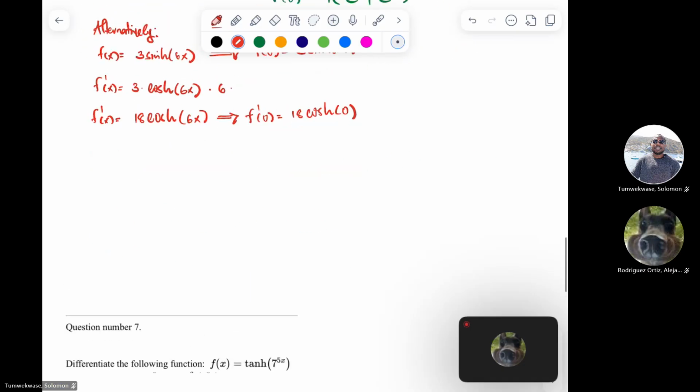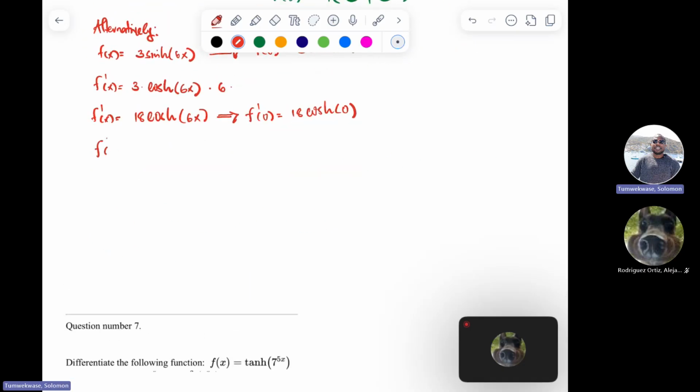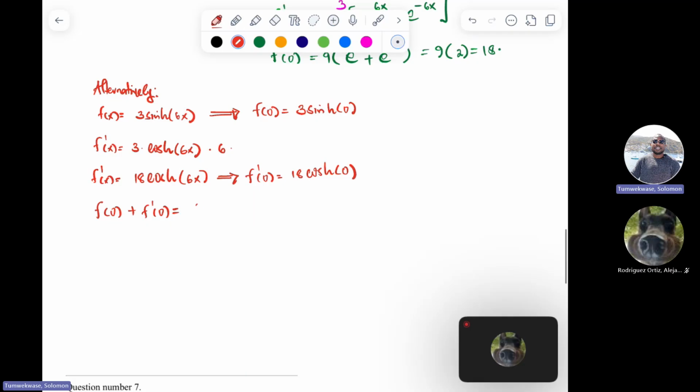Now, f of 0 plus f prime of 0 is what they are asking for, and this is 3 sine hyperbolic of 0 plus 18 cosine hyperbolic of 0.